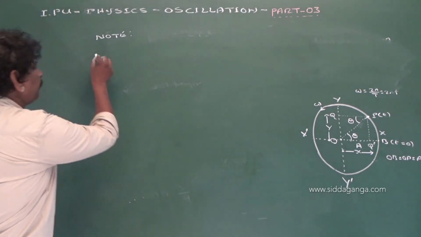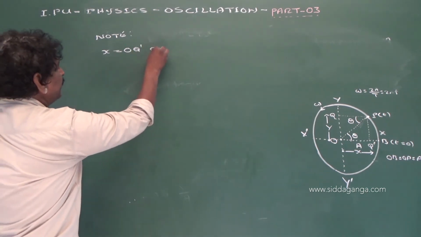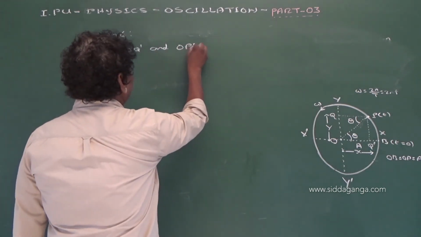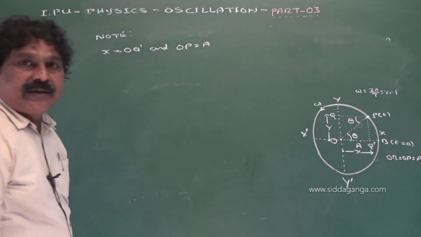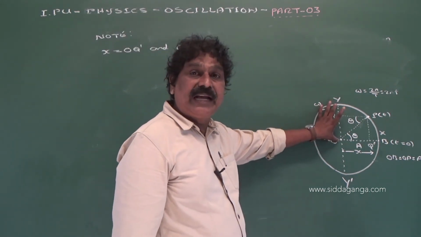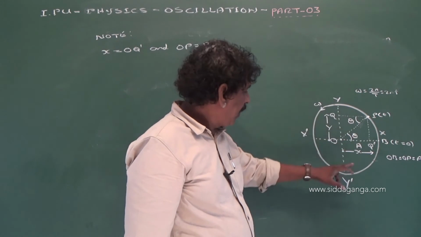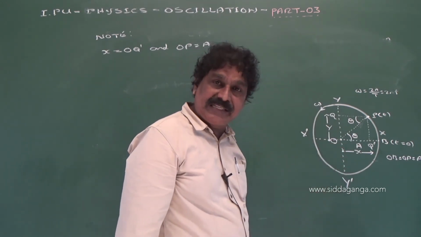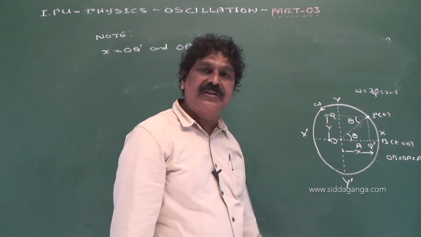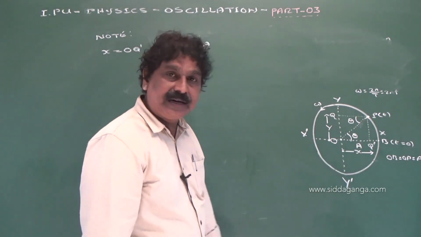Now here x is equal to O Q dash, and here O P is equal to a, that is the radius of the circle, which is the maximum displacement that the foot of the perpendicular has. So O Y or O Y dash is the maximum displacement along the y direction. O X or O X dash are the maximum displacement along the horizontal direction.